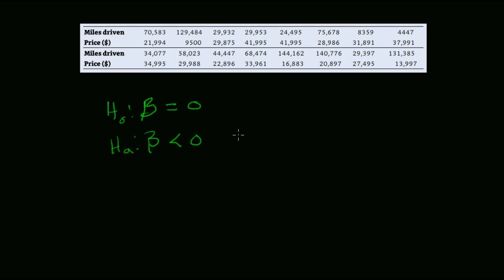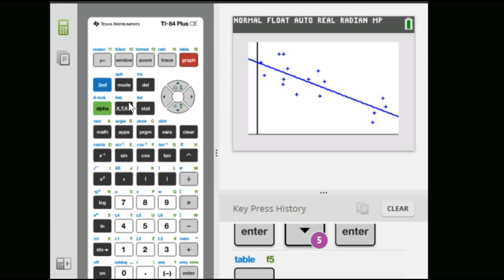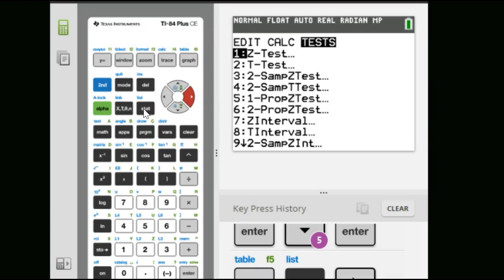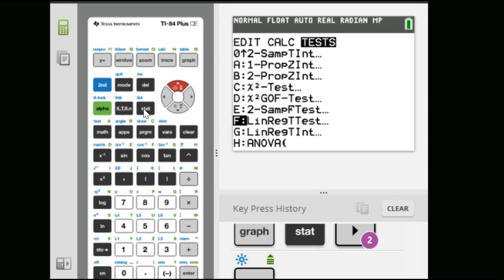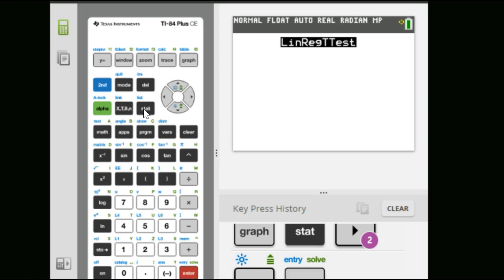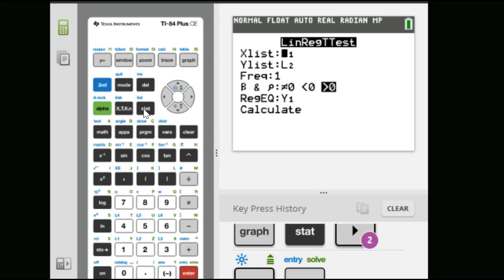So we'll fix an alpha at 0.05 here and conduct this test. So I go stat, tests, and I'm going to go LinRegTTest. My data is coming from L1 and L2 with a frequency of 1, and saying beta or rho, and I want to have it as less than 0, because that's my alternate hypothesis.